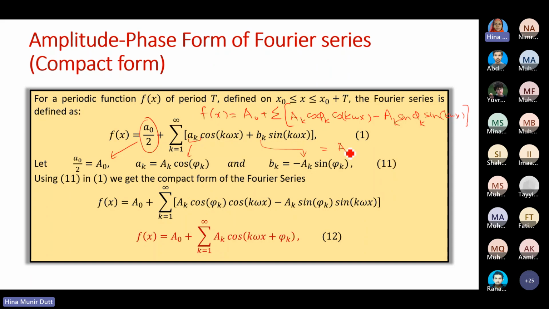Now this becomes A naught plus, I can take Ak common, and now this is cos phi k cos k omega x minus sine phi k sine k omega x, which is equal to cos of k omega x plus phi k.